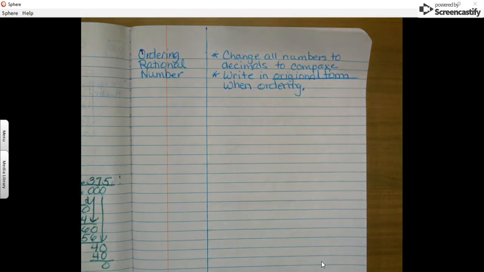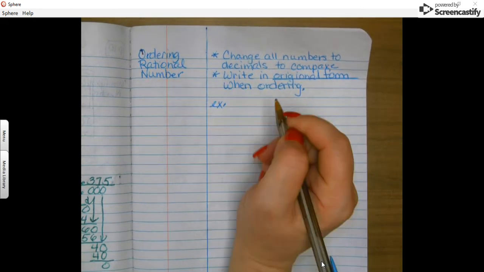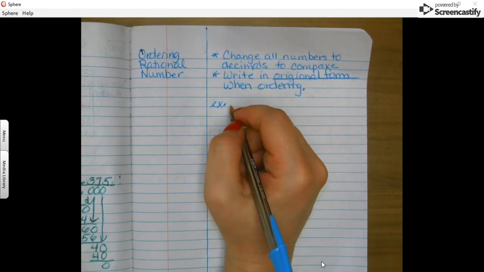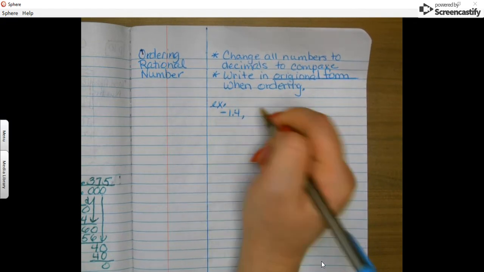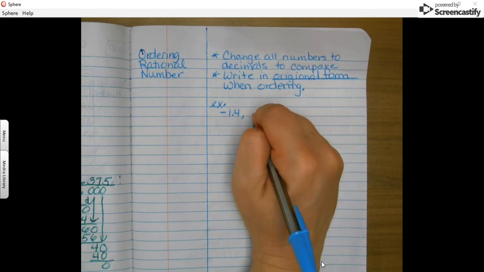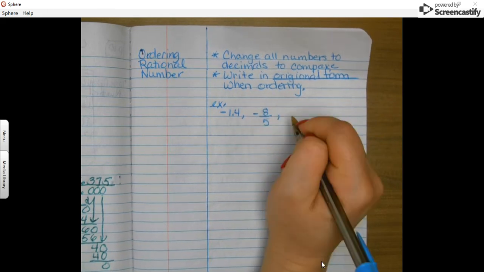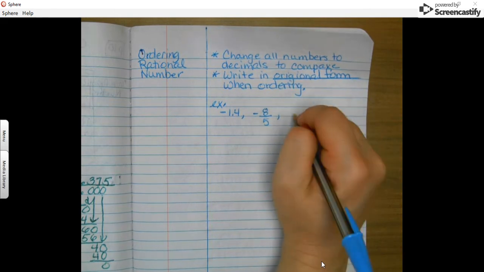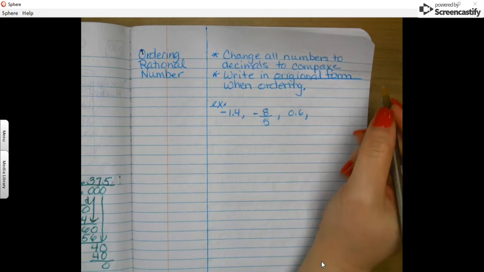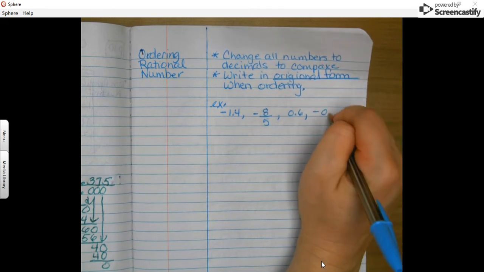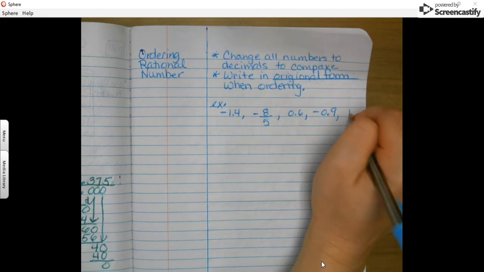So let's give you an example. I'm going to compare negative 1.4 to negative 8/5 to 0.6 to negative 0.9 to 1/4.